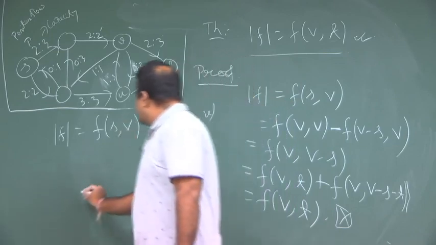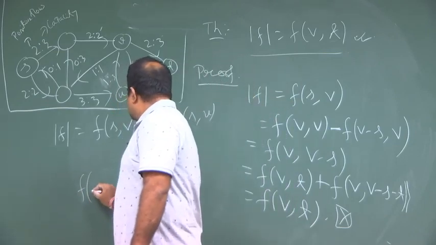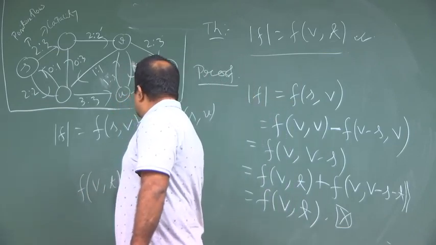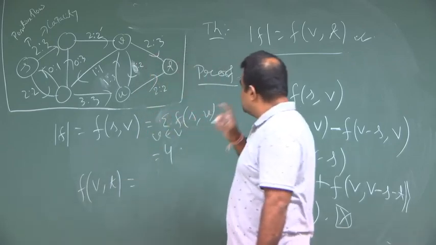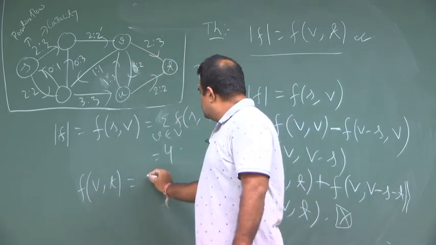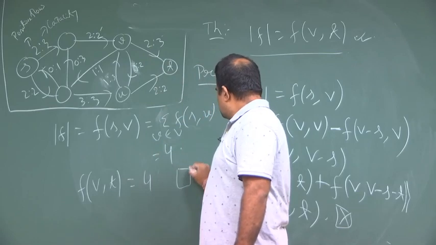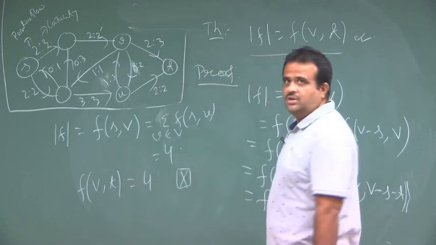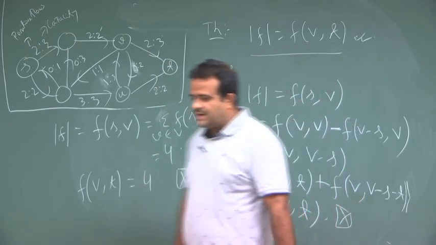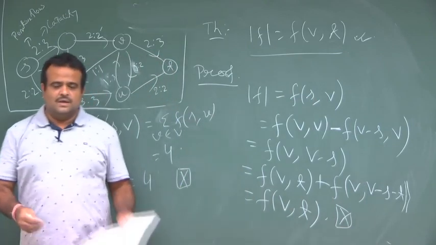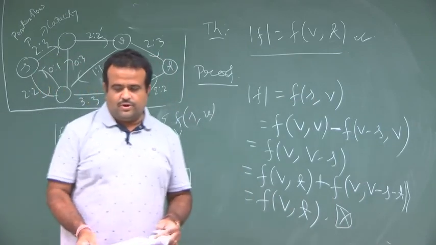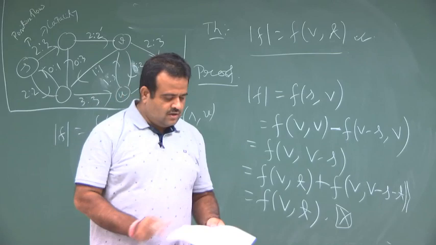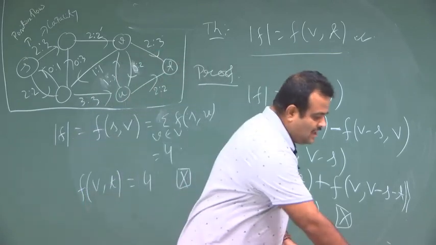Now we can check what the flow at the sink is. Flow at the sink is basically 2 plus 2, so 4. This is the example of this theorem. Whatever flow we are passing from the source will be going to the sink.